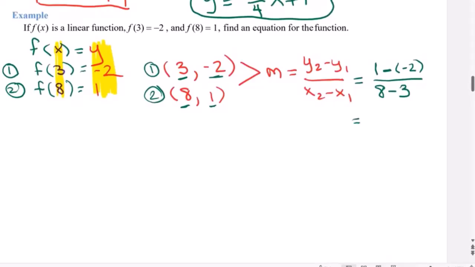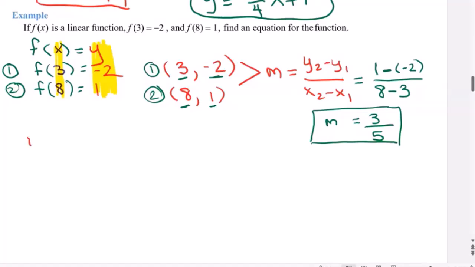This equals 1 minus minus 2, which is the same as 1 plus 2. So this is 3 over 8 minus 3, 5. So I now know the slope of my line is 3/5, which is the same as the rate of change.